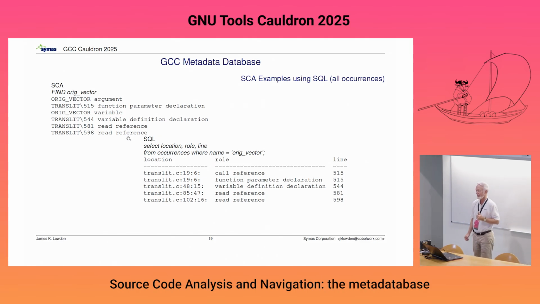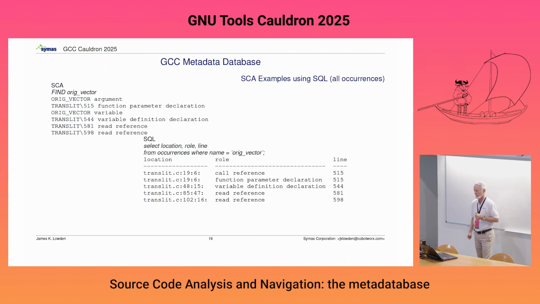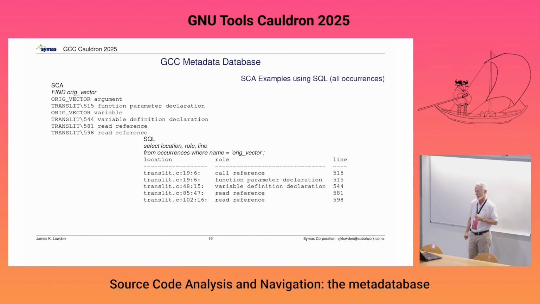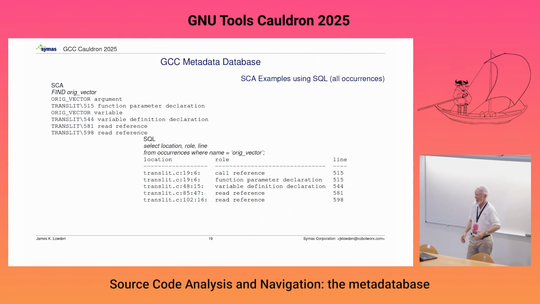What was the source language in the example? C. It's C. I'm just baffled because it's lowercase in the find and it's uppercase in the results, and C is case sensitive. It is indeed. Which seems wrong.